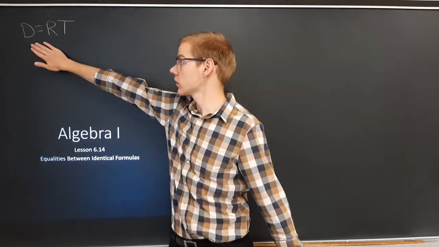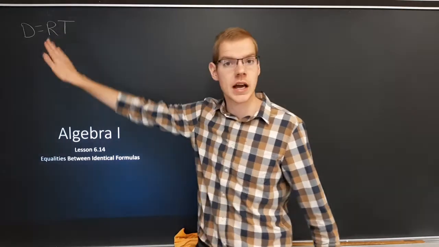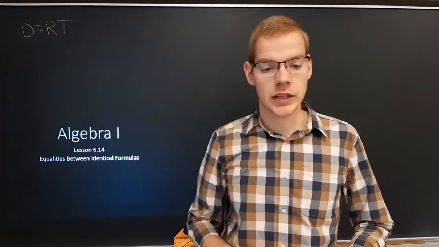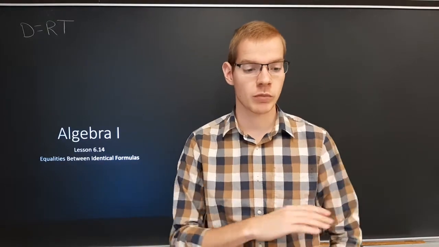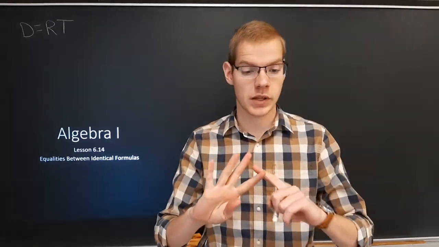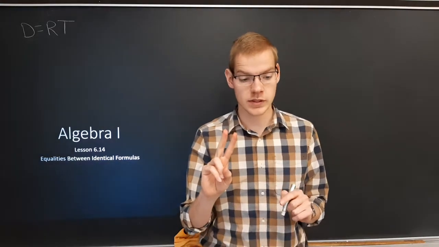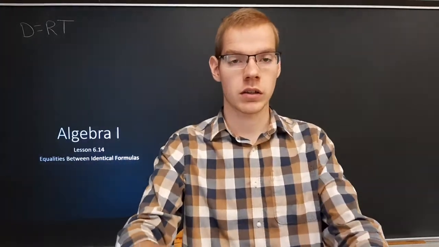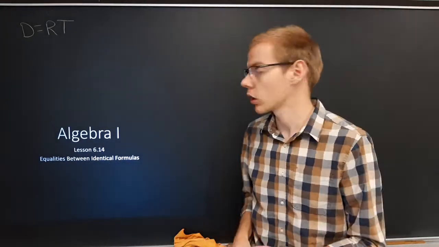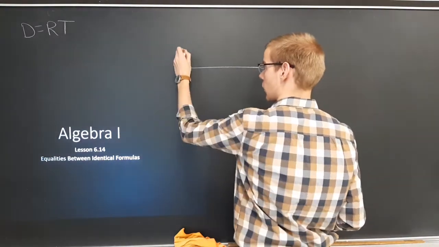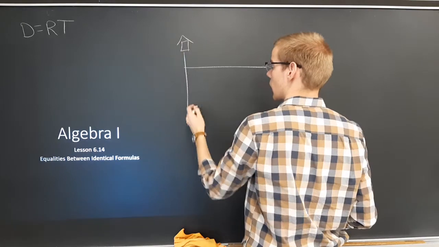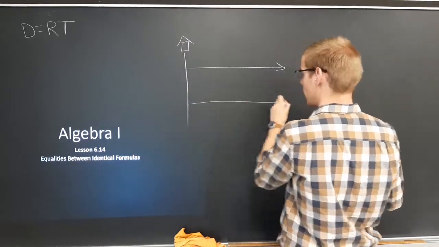D, distance, equals the rate times the time. That formula, and we will use that one beside the other with an equals between, or there's 4 different ways we can use them. Either if we have 2 equal distances, let's say 2 people are going the same distance. They both started at home, and this guy's going here.